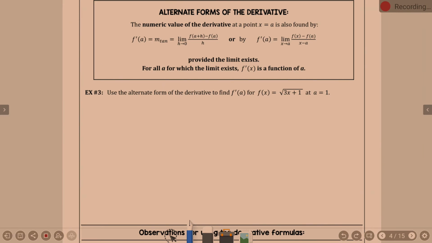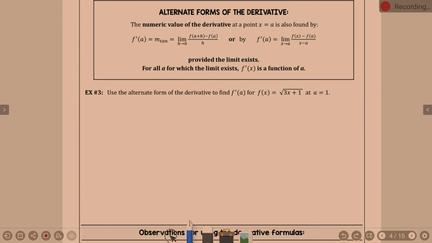Now, alternate forms of the derivative. The definition of derivative has, I don't know, 3-4 different forms. So the numeric value of the derivative at a point x equals a is also found by these. So f prime of a, slope of the tangent line, is the limit as h approaches 0 of f of a plus h minus f of a over h.